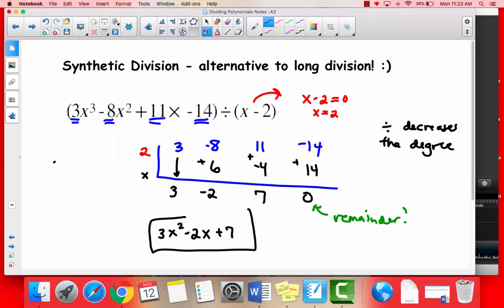So this would be my final answer. And so this is the same answer that I would get if I would have done long division. We just eliminate the variables until the very end. So if I take this whole polynomial divided by x minus 2, I get 3x squared minus 2x plus 7. And then we're done.